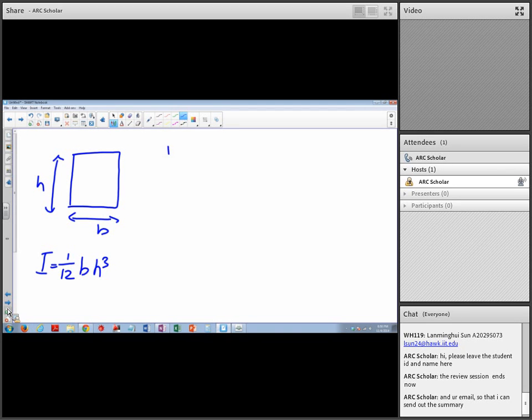But for a shape like this, we don't know how to calculate the I for the whole shape, so we have to separate it into 3 parts. Let's say this is part 1, part 2, and part 3. For each part, I1 is going to be 1/12 b h cubed.